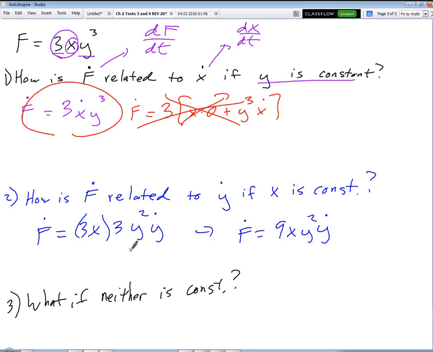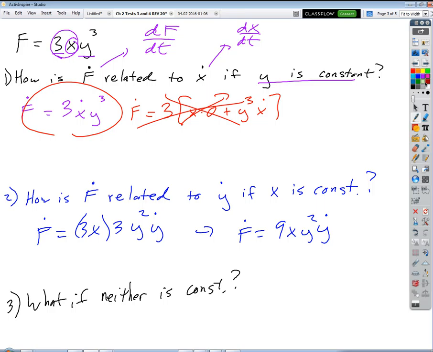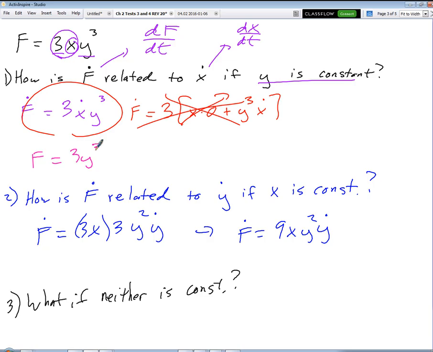What we really did in part 1, at least in our mind, we wrote it this way. We wrote it as f equals 3y cubed times x. So when something's a constant, we just leave it alone. Yep.